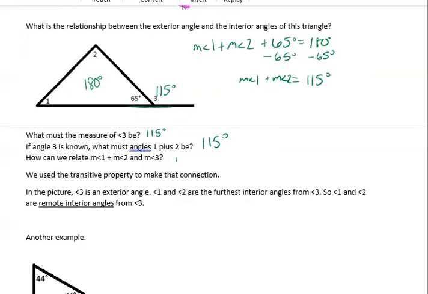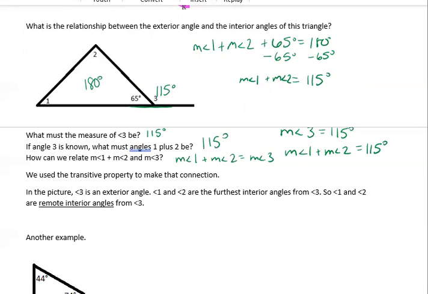Does that work every time? So this would be kind of the transitive property. If the measure of angle 3 is equal to 115, and the measure of angles 1 plus the measure of angle 2 is equal to 115, this one may be substitution property, but again, that substitution and transitive property are kind of interchangeable.